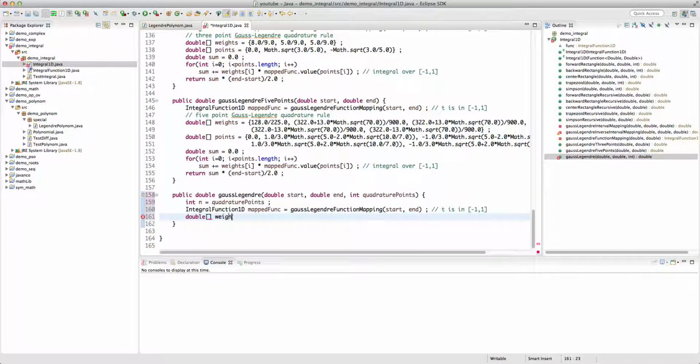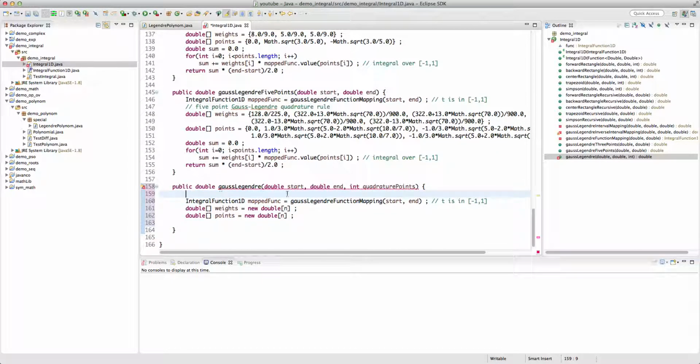So double weights, new double, we have n quadrature points, so n weights, and double points, new double n. All right.